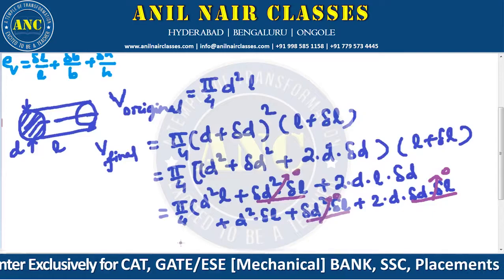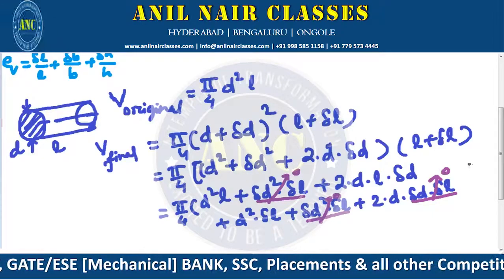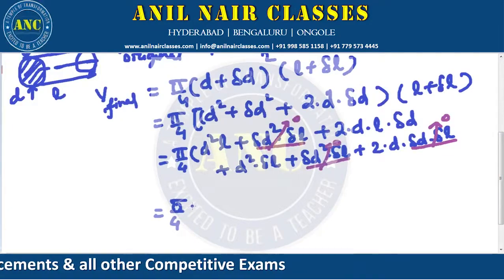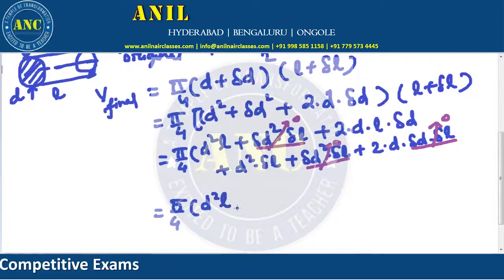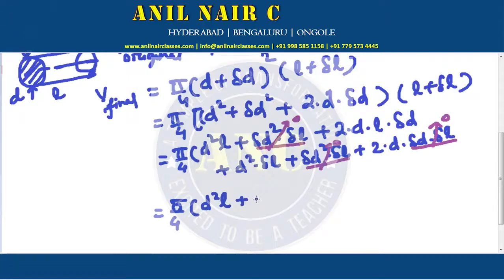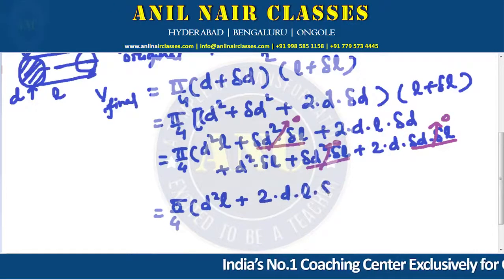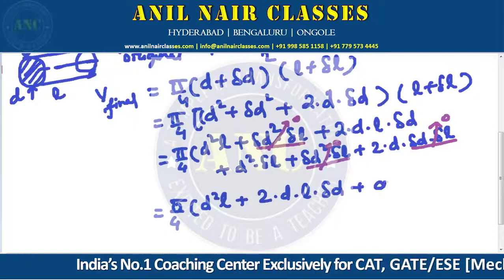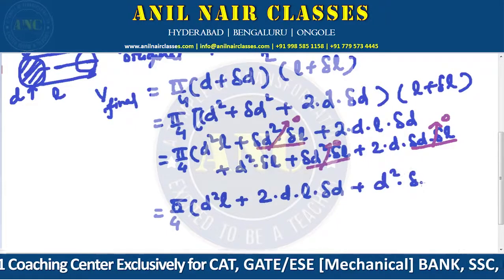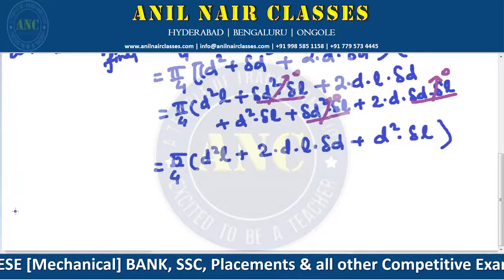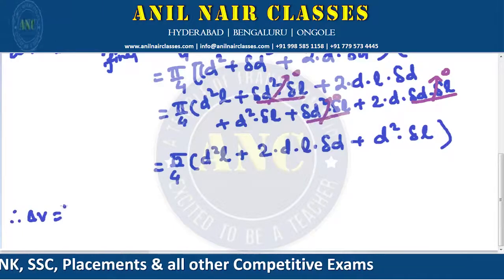So we are left with pi by 4 [d square L plus 2d L delta d plus d square delta L]. Correct? Now this is the final volume.